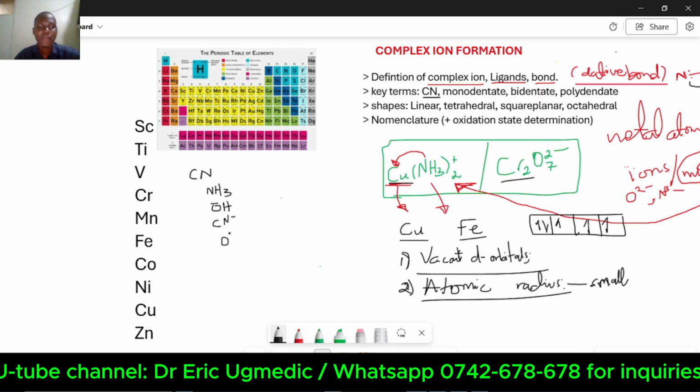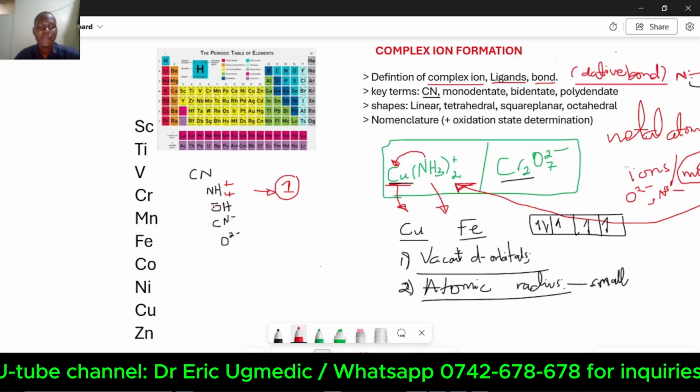We can have oxygen, you get? So this is ammonia, but I'm talking about ammonium ions, which normally form one bond, and that will be the coordination number. So that's one.